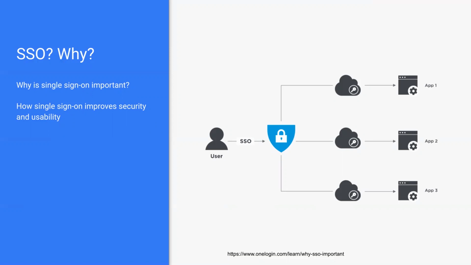SSO solves key problems for the business by providing greater security and compliance, improved usability and employee satisfaction, and lower IT costs. The proliferation of cloud apps and services in the enterprise, often in addition to on-prem ones, has created a significant fragmentation problem.